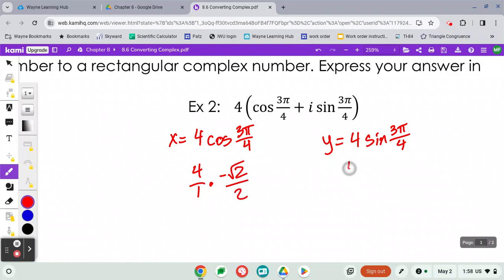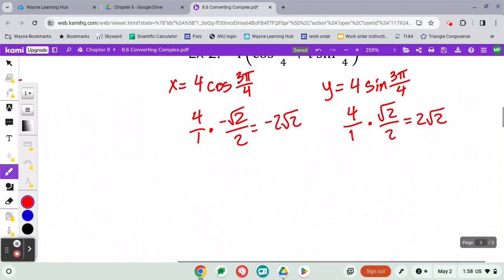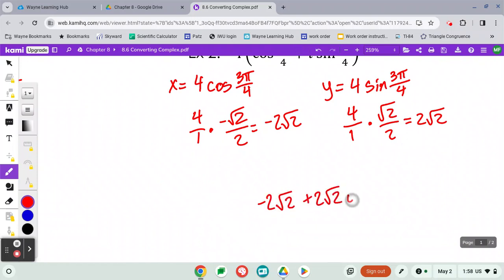For the y, it's exactly the same, except it is positive square root of 2 over 2. And both of those will reduce to, well, this will be negative 2 square root of 2. This one will just be 2 square root of 2. Okay, so that's your x and your y. Your final answer then, negative 2 square root of 2 plus 2 square root of 2i. And that is how we write it in rectangular complex.